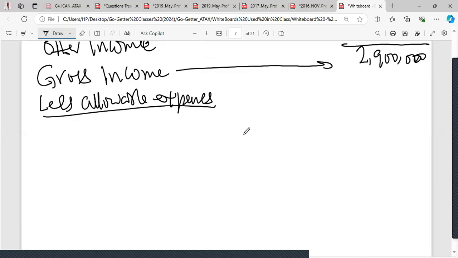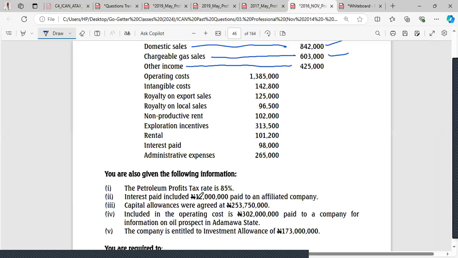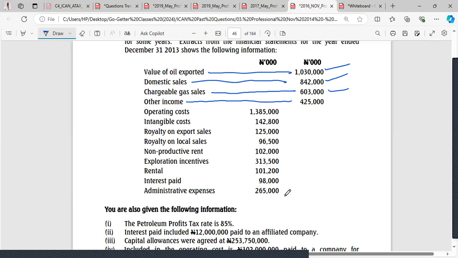So interest paid included 12 million paid to an affiliate company. They didn't tell us when. An affiliate company is an associated company, and it's possible that it is not at arm's length. So for this interest paid, we will need to remove this 12,000 from 98,000.